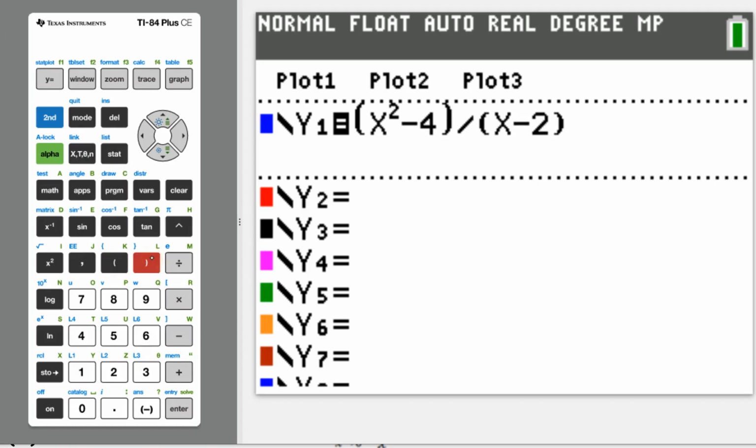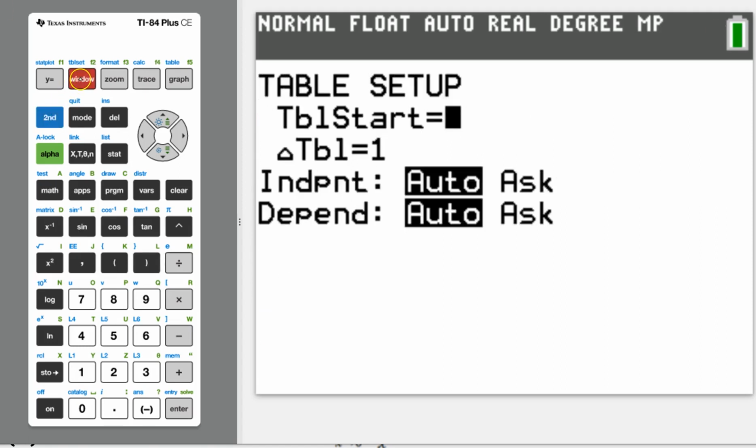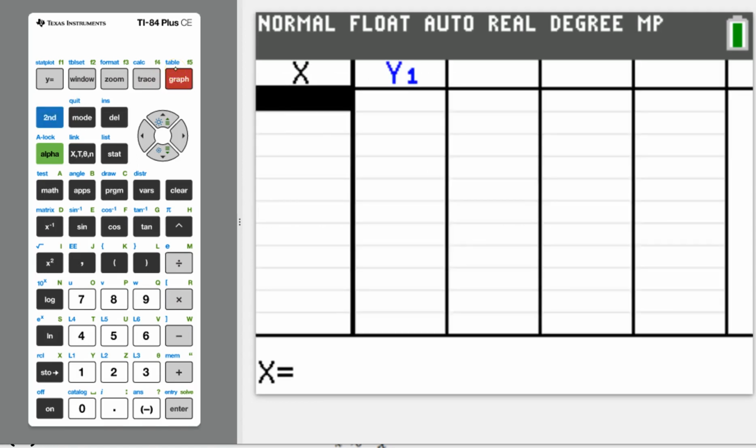I'm just using my table right now, so I'm going to go into Table Set, which is second window, change independent to ask. That way you can type in your own x values. And then second graph takes us to table.